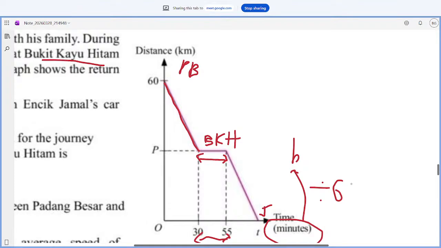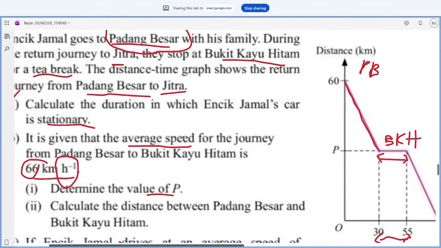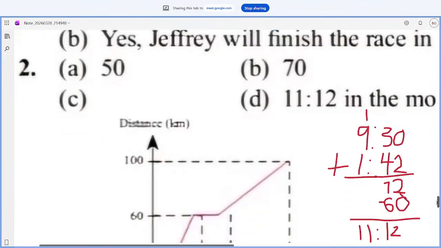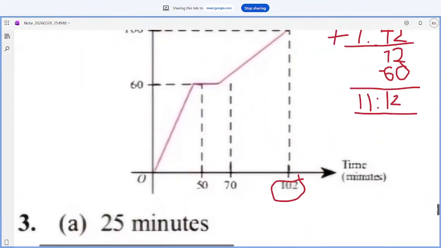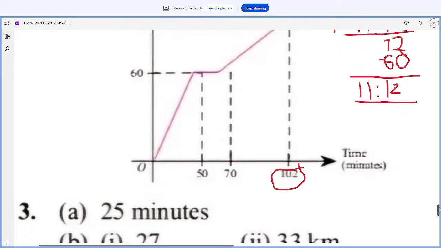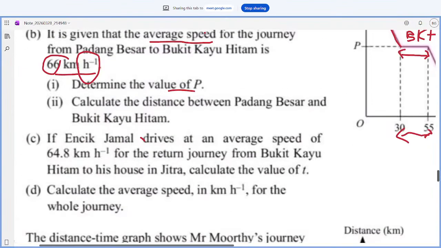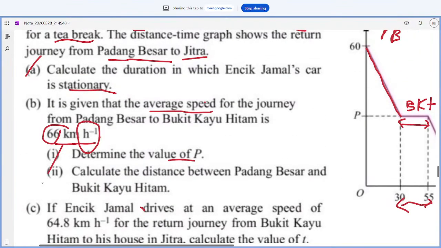Basic, minit kepada jam bahagi 60. So 30 kena bahagi 60. Okay, that's all. So 60 minus P bahagi 30 per 60 sama dengan 66. Then you guys solve for P. Okay, so P you guys should get 27. Okay, kamu akan dapat 27 untuk P. Alright. Clear guys, the concept for B1, how to do? Jelas?